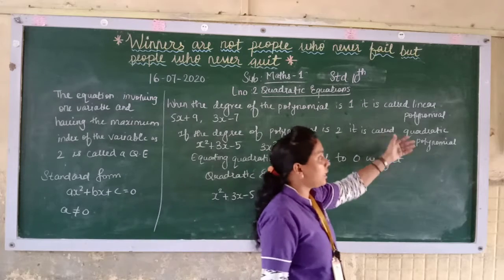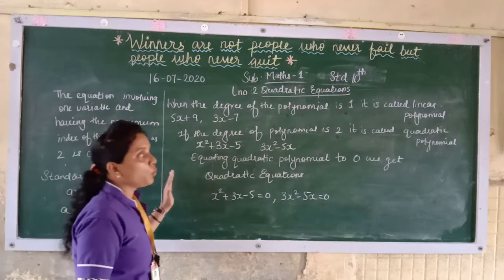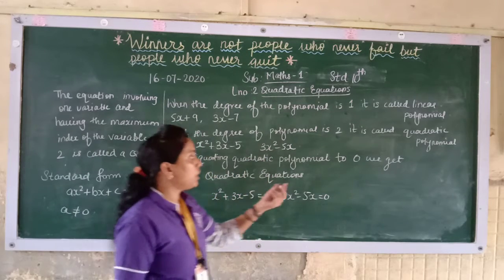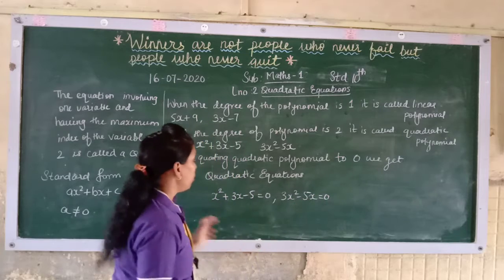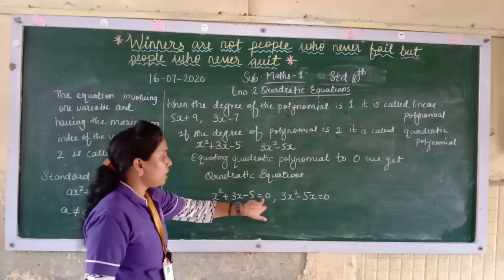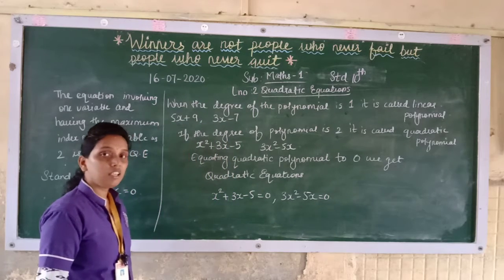So this is a quadratic polynomial. When you equate this polynomial to 0, we get a quadratic equation.